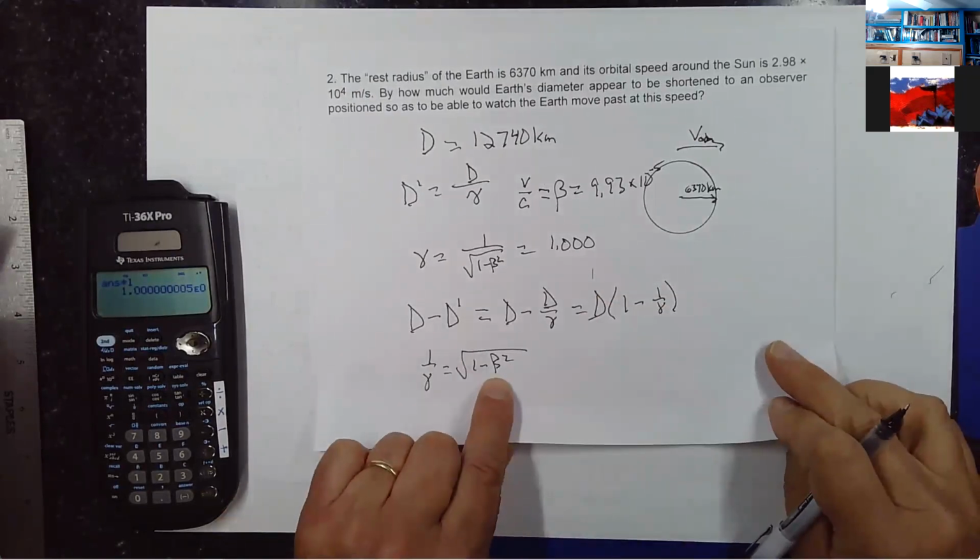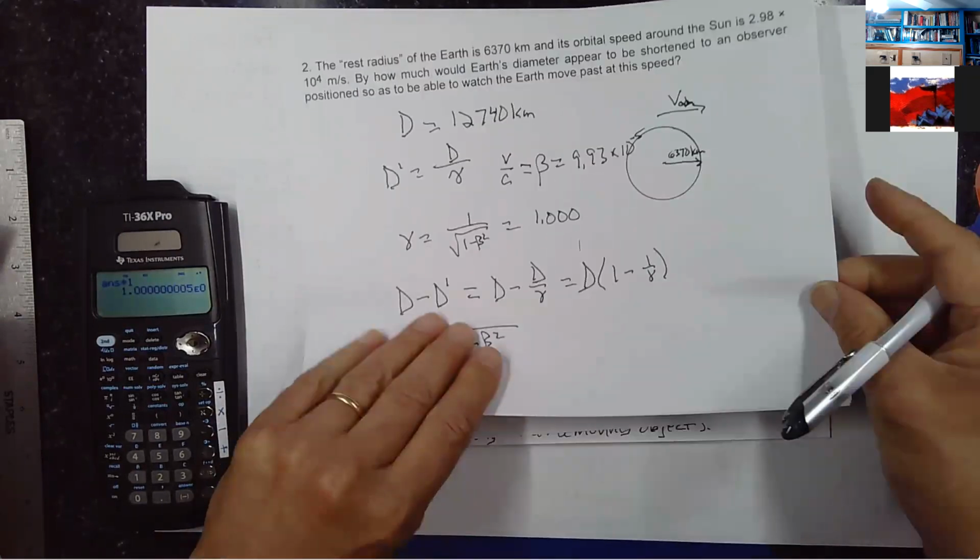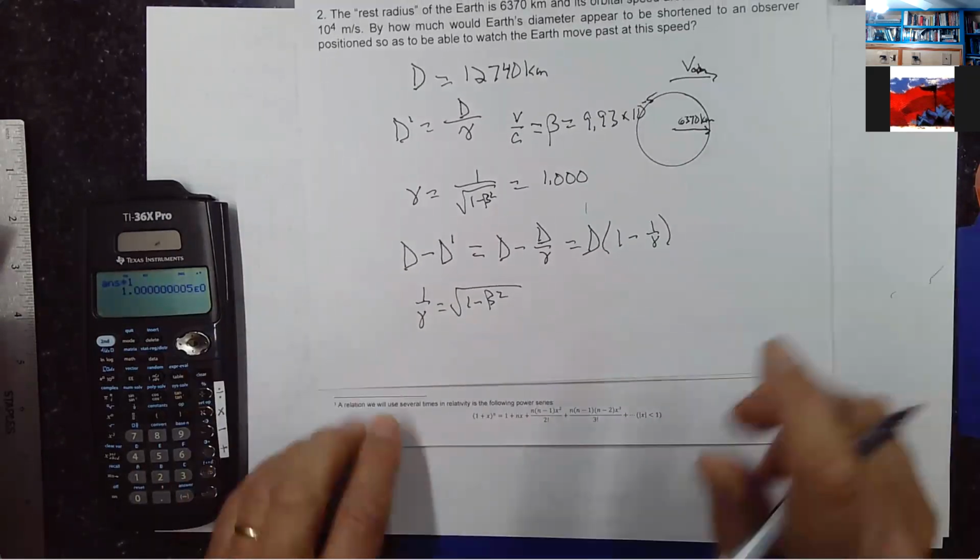Beta is going to be a very small number in this case. And here's the series expansion I'm going to use.